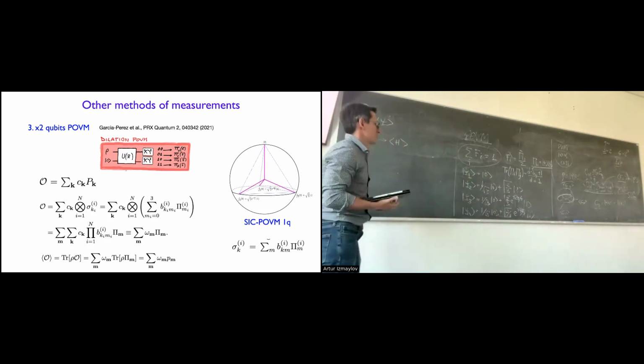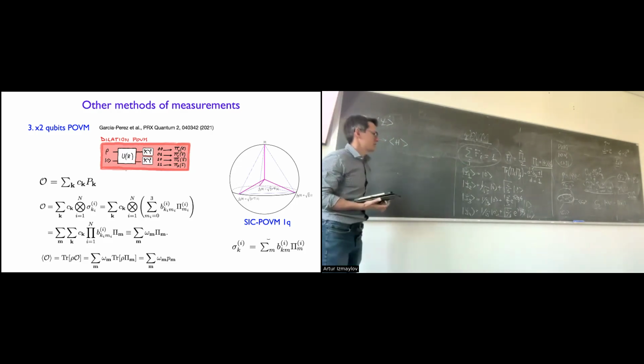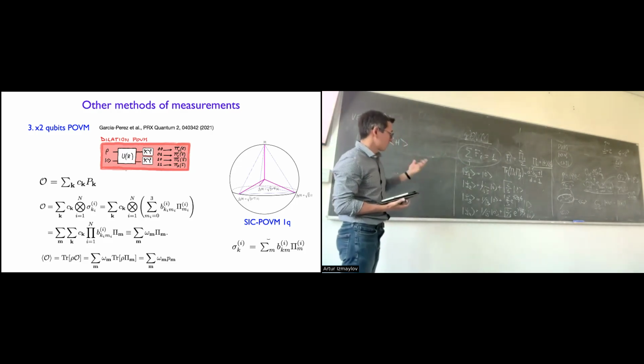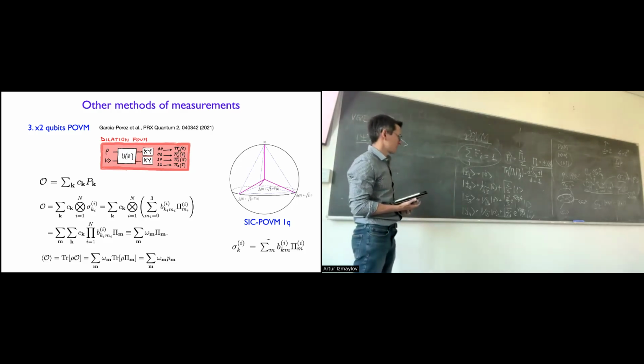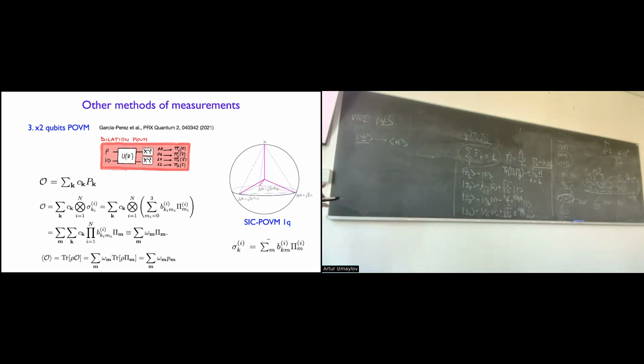After projections on the ancilla and target, you effectively get the collapse of the target state to one of the four projectors. Okay.